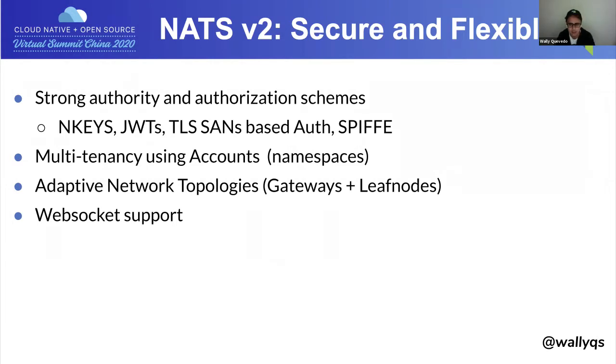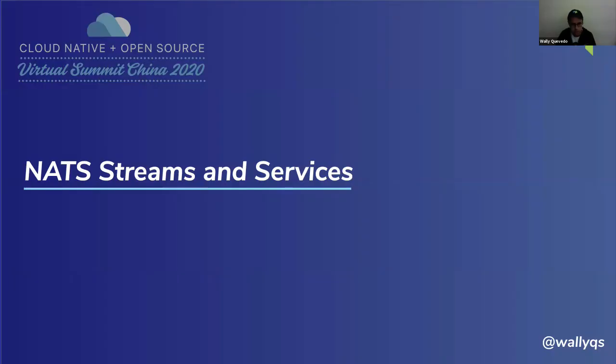Also, the NATS system became multi-tenant using accounts, which have account isolation, so you can have namespaces for the subjects, and also have multiple network topologies, so it's more flexible. And we call them not only cluster connections, there are gateways and leaf node connections that we'll talk about in a bit. And also WebSocket support has landed already.